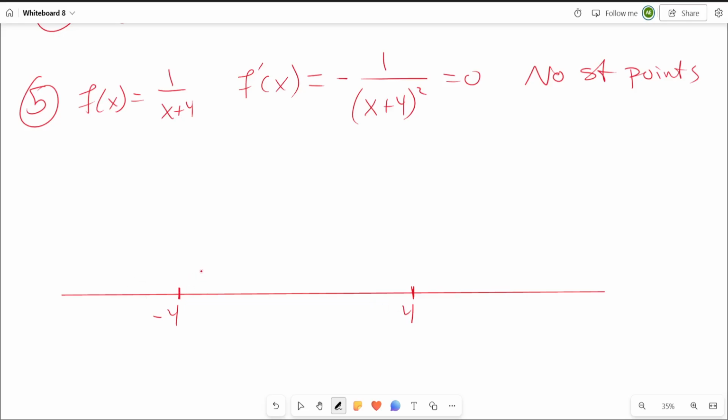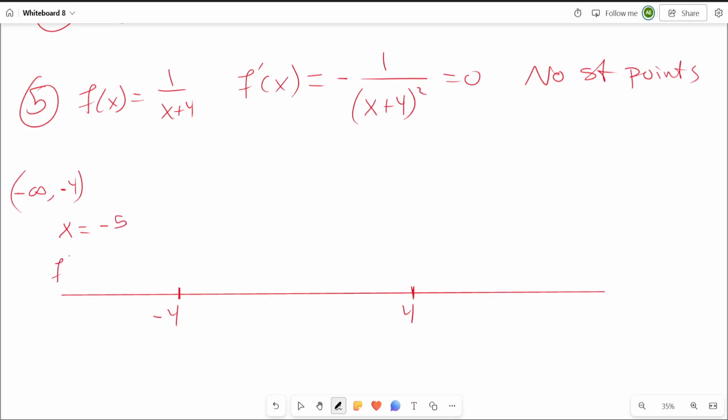And then we will test a point to see the sign of f dash of x on every single interval in those 3 intervals in front of us. So let's start by taking an x value in this interval. This interval is basically from -infinity up to -4. I can take any x value. Let's take x is -5.